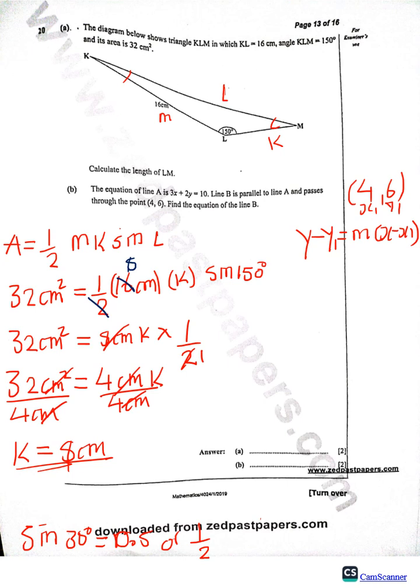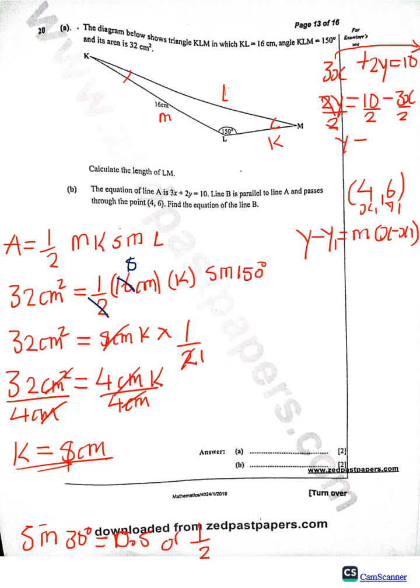So let's write our equation. So the equation is 3x plus 2y is equal to 10. Now, for us to find the gradient of this equation, we are going to make y the subject of the formula. So this 3x will shift to the other side, giving us 2y is equal to 10 minus 3x. Okay, so we can divide by 2 here, by 2 also here, by 2.